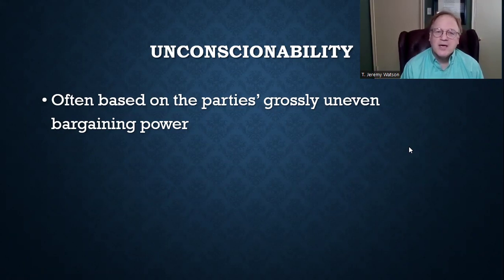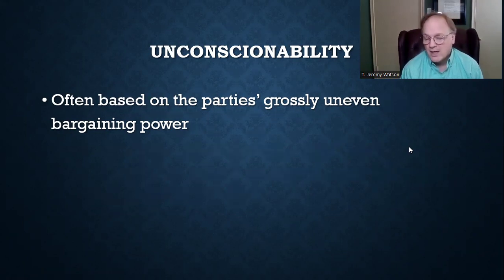So if the party's bargaining power is just so grossly unfair that it leads to a contract that is so grossly unfair that it shocks the conscience, then that might be unconscionability.